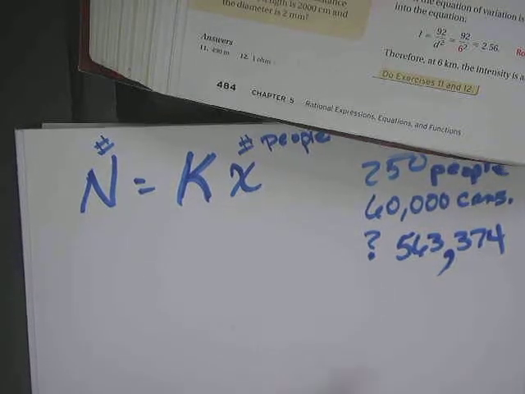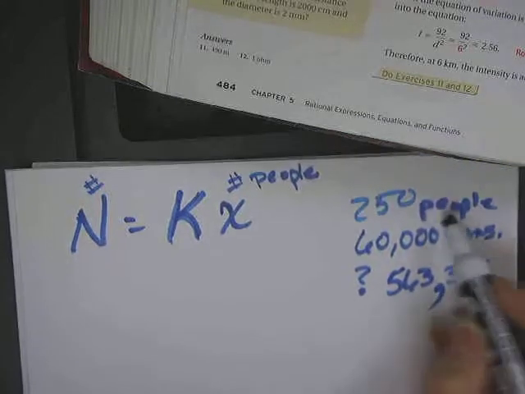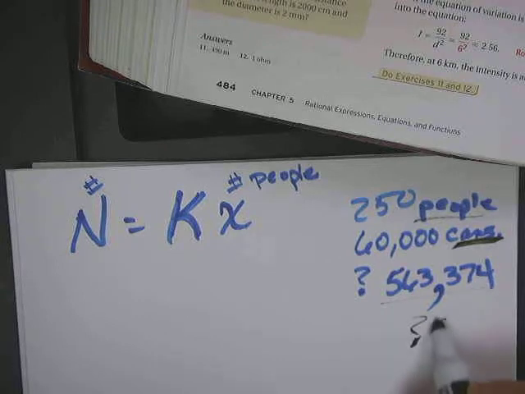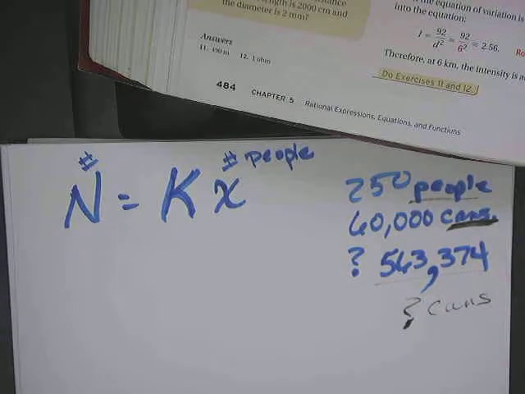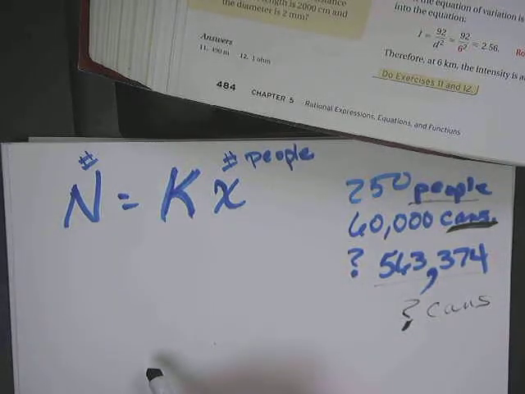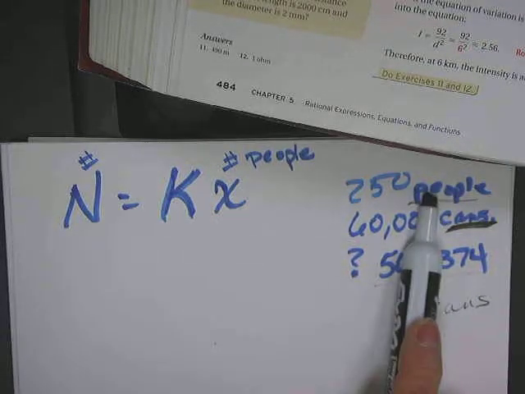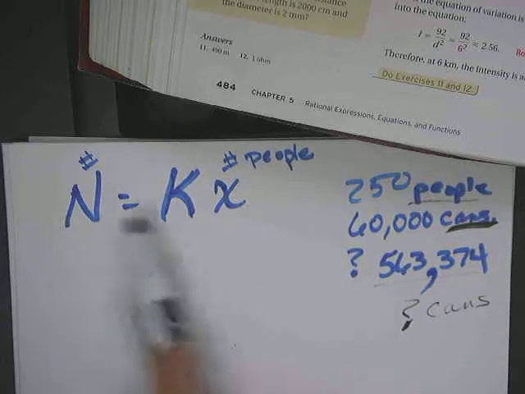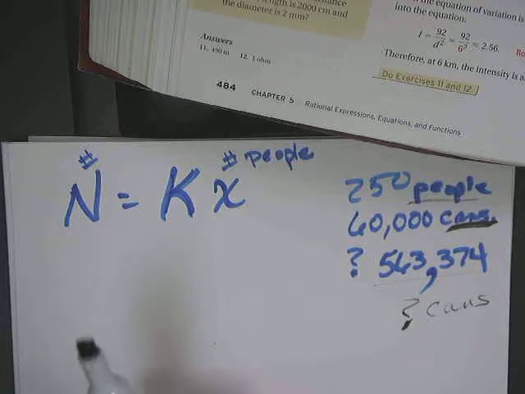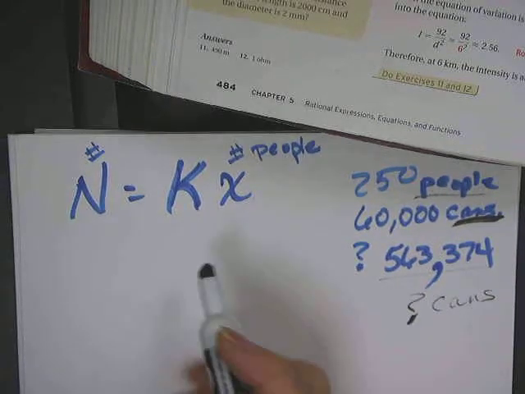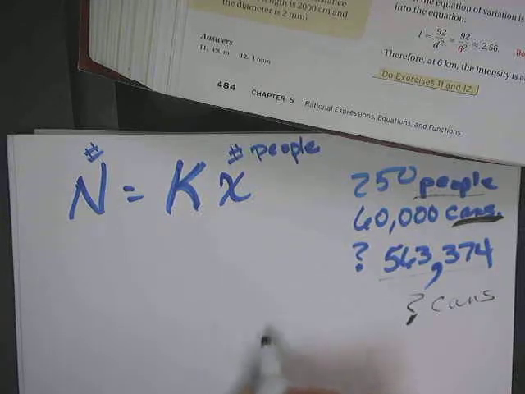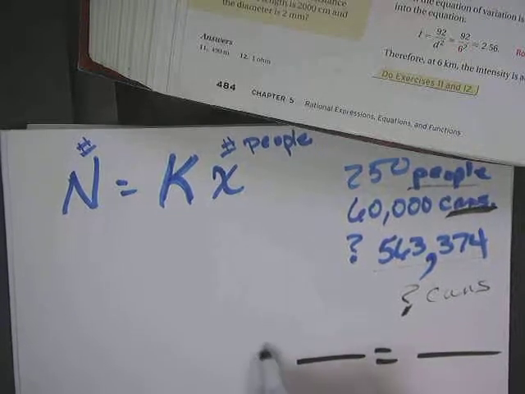No. So if it varies directly, it can be put into a proportion. You have people over cans, people over cans. So we don't even need the constant of variation. If you did, you would put 250 here, 60,000 there, and divide by 250. It would be hard to find, but we don't need it.